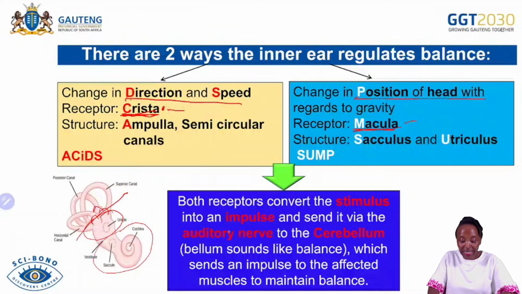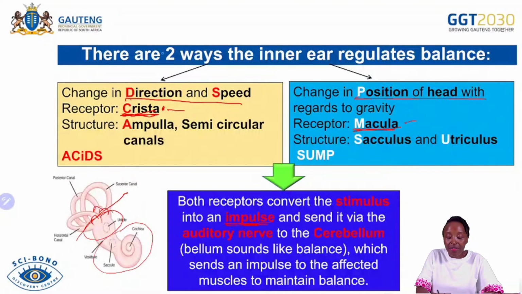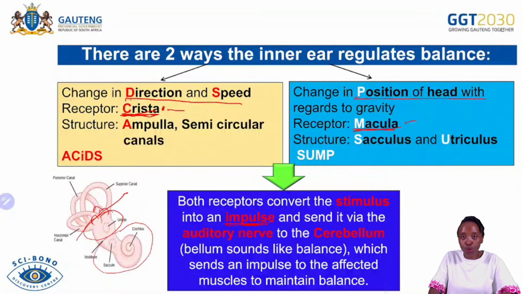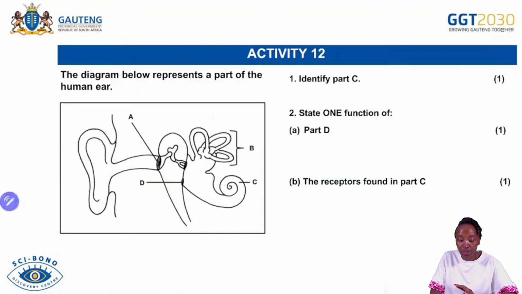The stimuli will be converted into an impulse, and this impulse from these two parts of the ear is directed to the cerebellum and not the cerebrum. So those are the two things that you need to know.